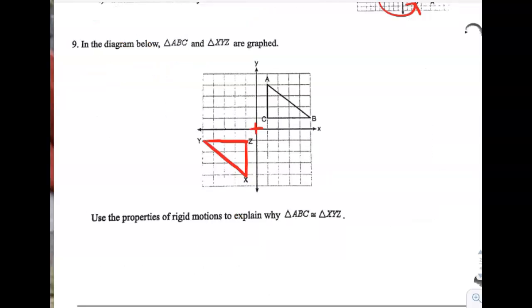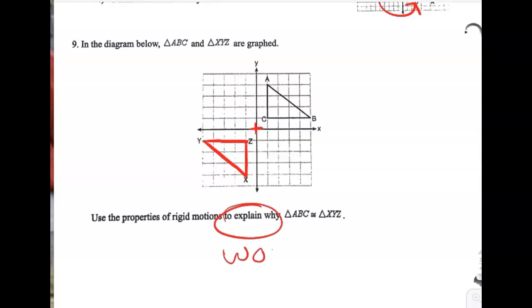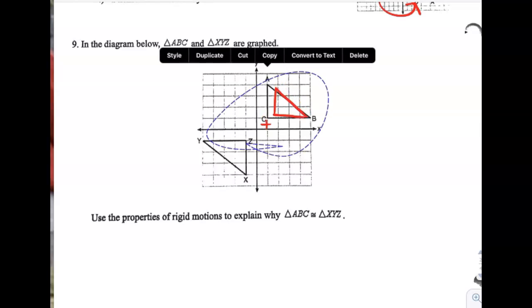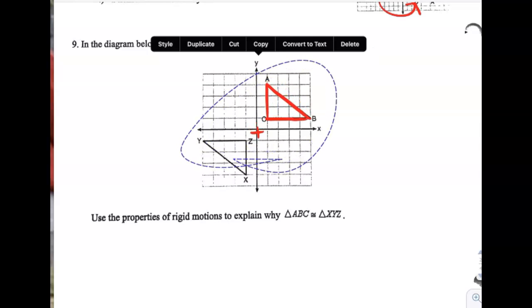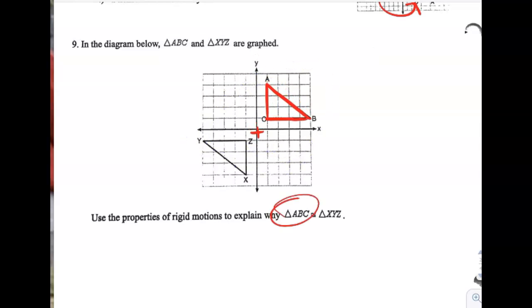And the last one, use the properties of rigid motions to explain. Now remember, explain means use words. So how does x, y, z get onto ABC? Or ABC onto x, y, z? So if there's your hint right there, but if I start with ABC, which it told me to do, I realized that all I had to do was get my patty paper out and do that, which is a rotation.